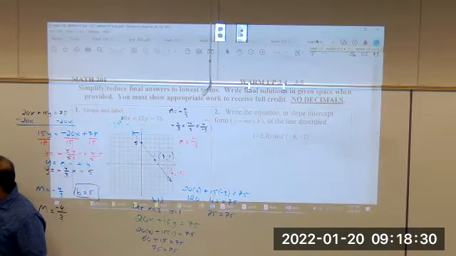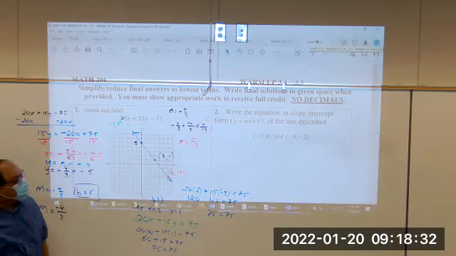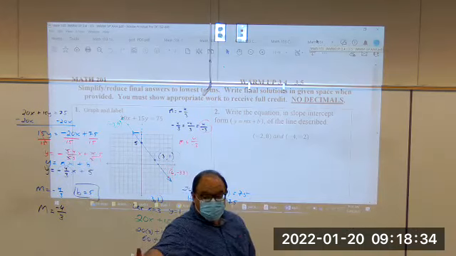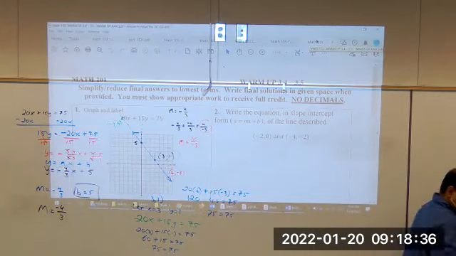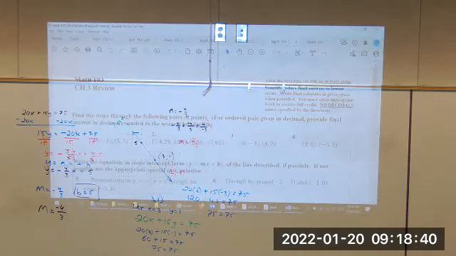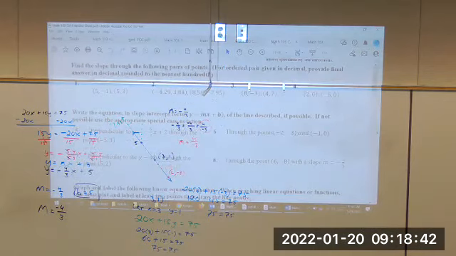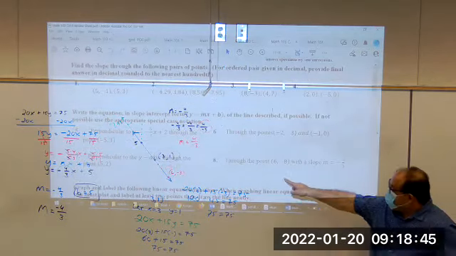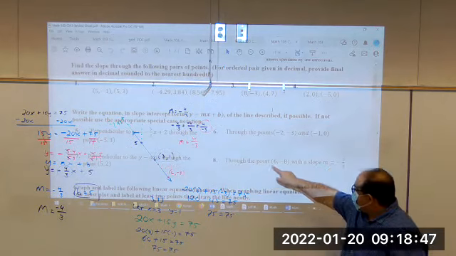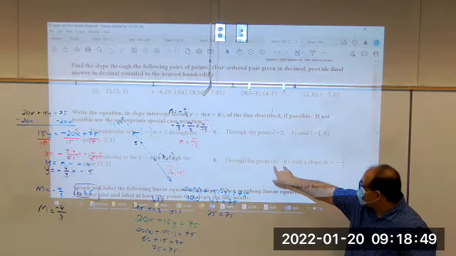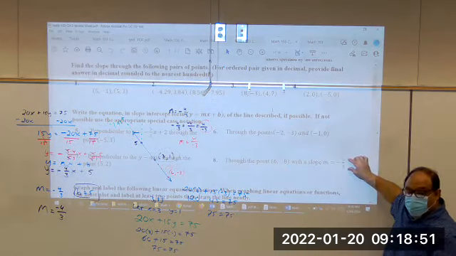Number 2, here's your steps. Step 1, find the slope. Sometimes it's going to be given to you. Right here on the review sheet, here's an example. It goes through this point, and you have to find the slope.